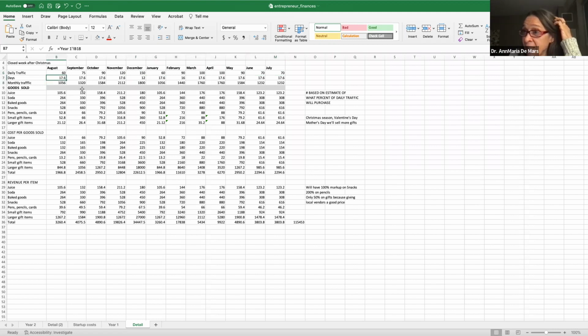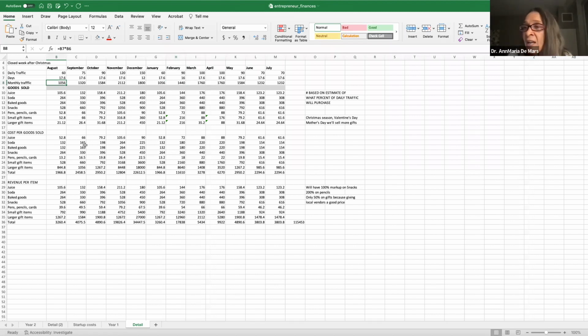And then this is the number of days in the month. We're open just 3 weeks in December. There are 4 weeks in February. And so I multiplied the daily traffic by the number of days, and this is how many people will come through in a month.